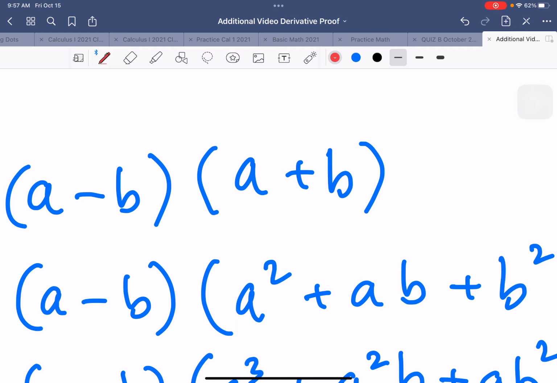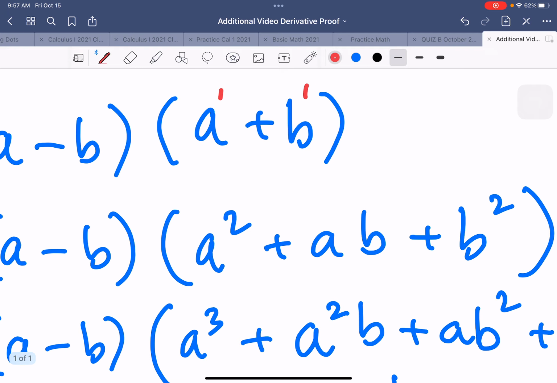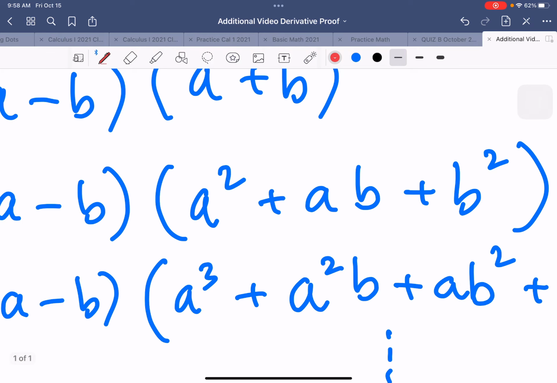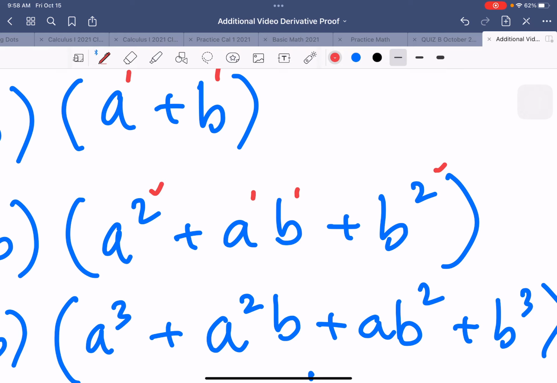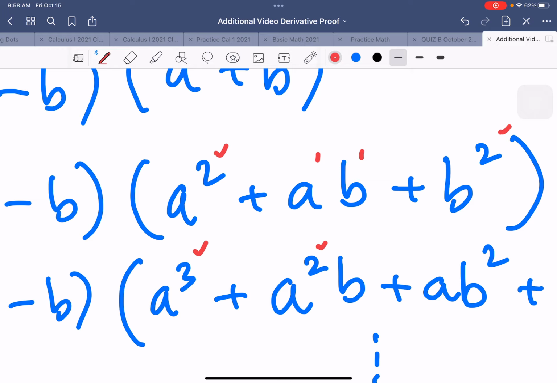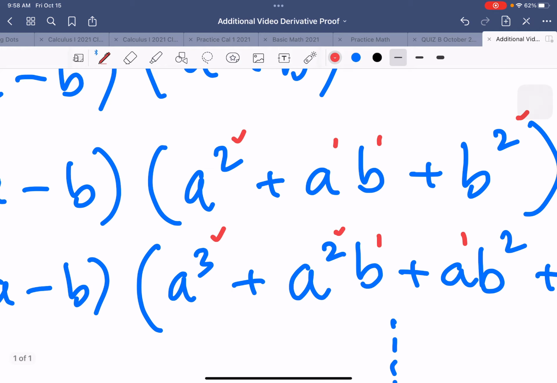The first one is a to the 1 and b to the 1. I think it's clearer if you see the second one and the third one here. We can see that this is 2, this is 1 1, right? And then 2. And this is 3 2 1 1 2, and then 3. So let's look here.